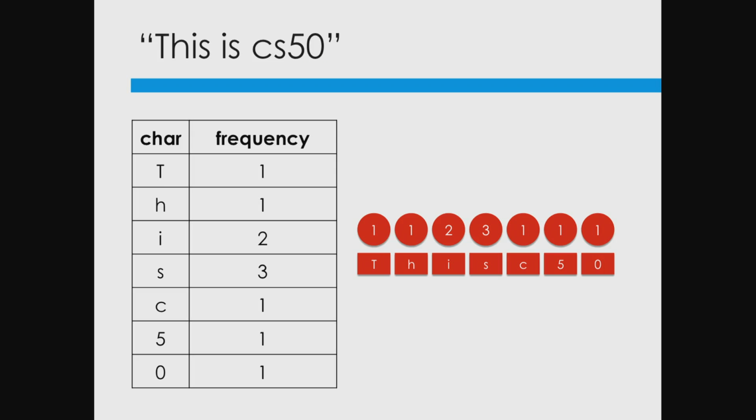So if we have the string, this is CS50, then we count how many times T is mentioned, H mentioned, I, S, C, 5, 0. And so what I did here is with the red nodes, I just planted and said, okay, I'm going to have these characters I know eventually at the bottom of my tree. Those are going to be all of the leaves.